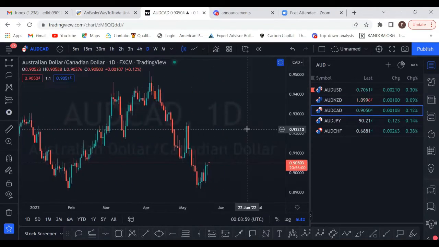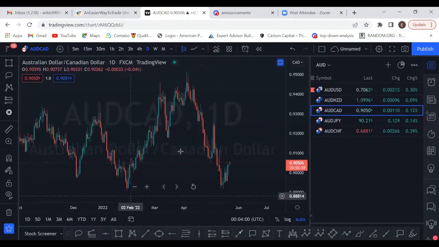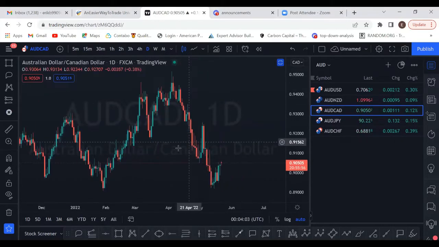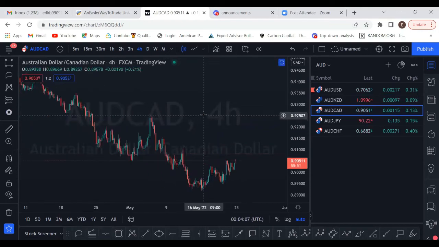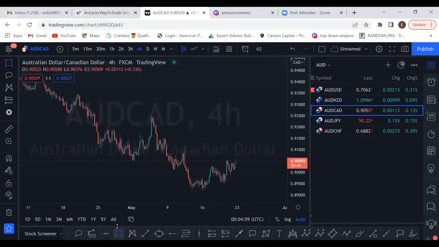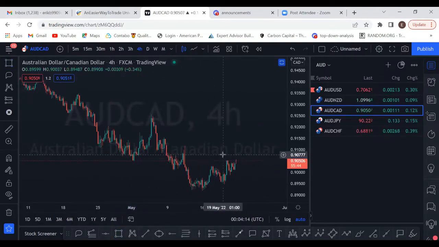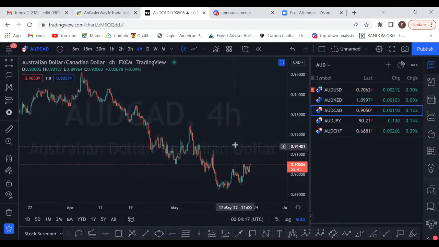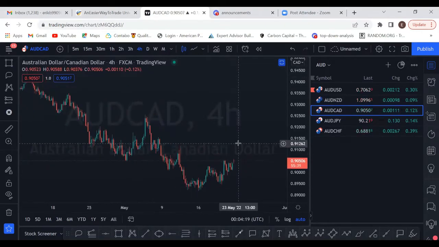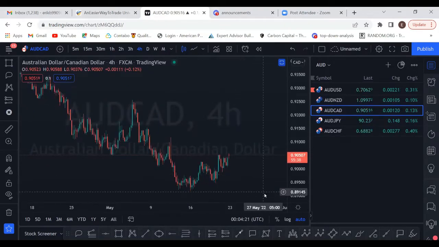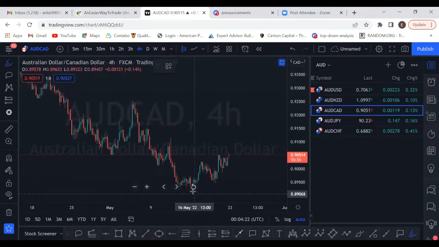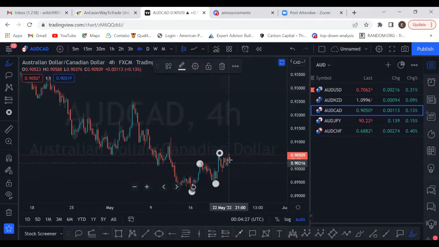CAD been going down, but it's been bouncing off this support, trying to confirm support, but it's kind of in here. Don't really like that at all. I'm gonna stay away from AUD CAD. It really has been slowly creating higher highs, so we may have to just stay away.